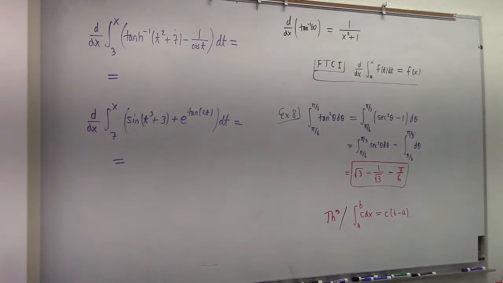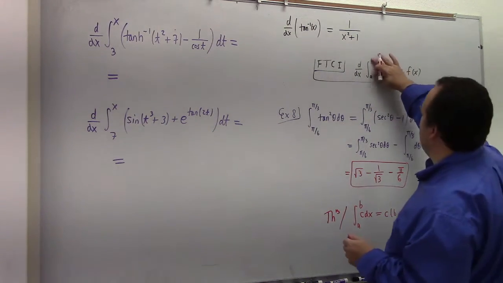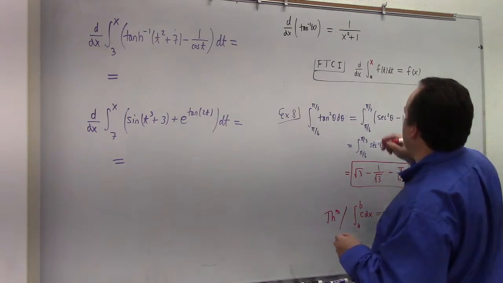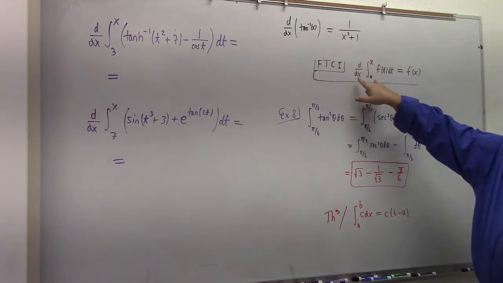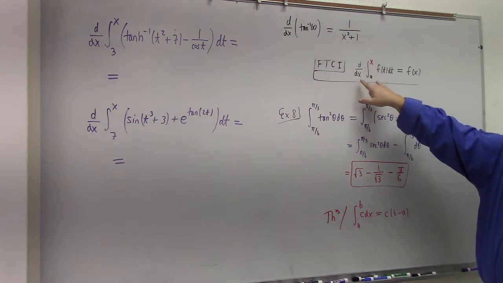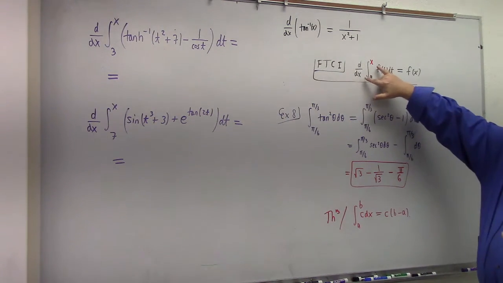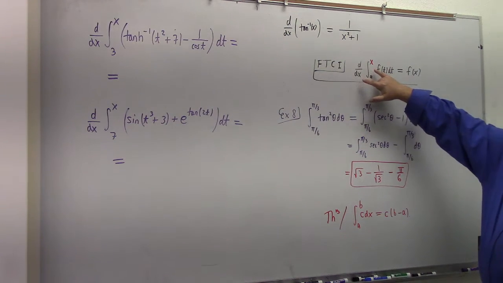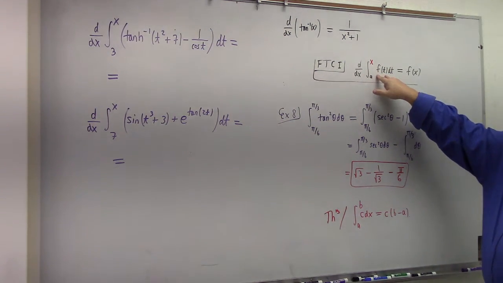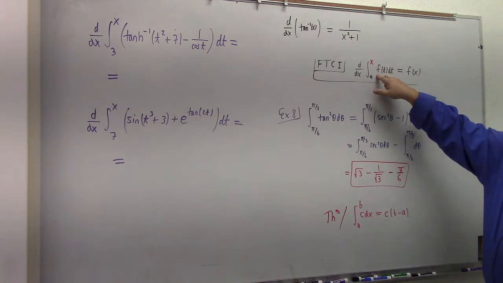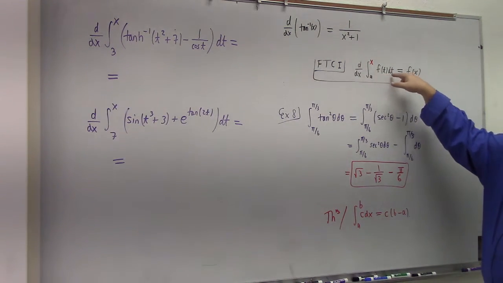What does FTC1 say? It's amazingly stupid what it says. It says when you differentiate an integral with a variable bound, and the variable bound matches the derivative variable, all you do is take the integrand, whatever it is, and replace t with x.